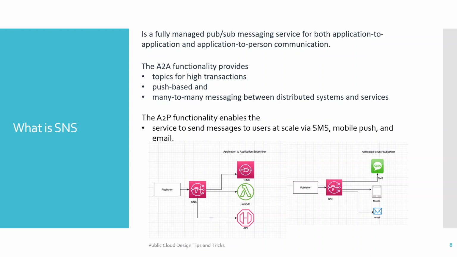A2A functionality provides topics of high transactions. It is a push-based mechanism and many-to-many messaging between distributed systems or services. The A2P functionality enables the service to send messages to users using SMS, mobile push notification, and email services.